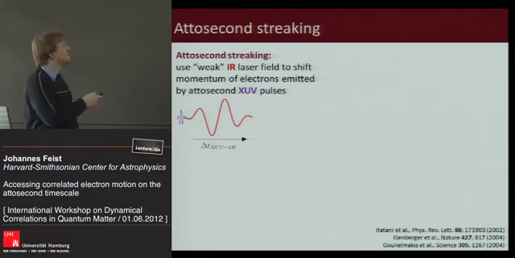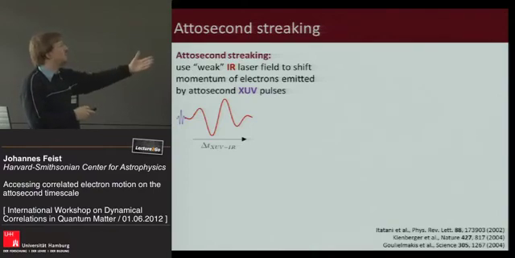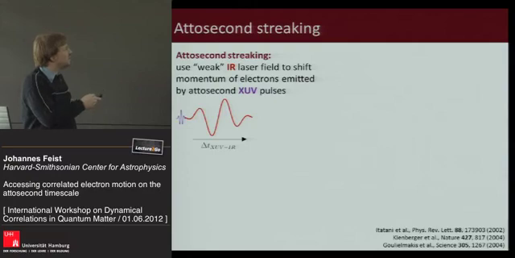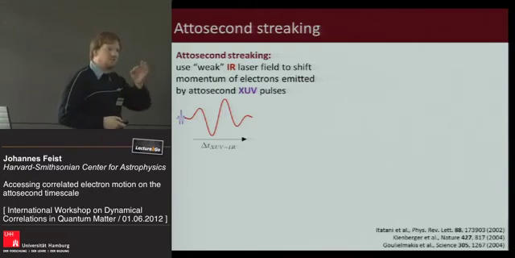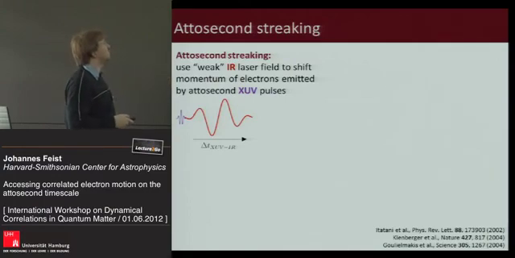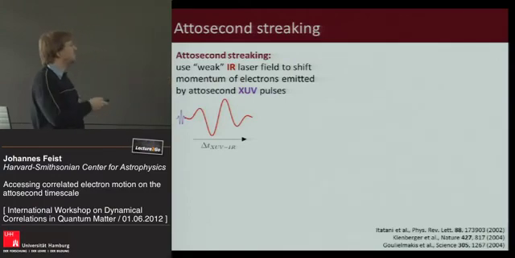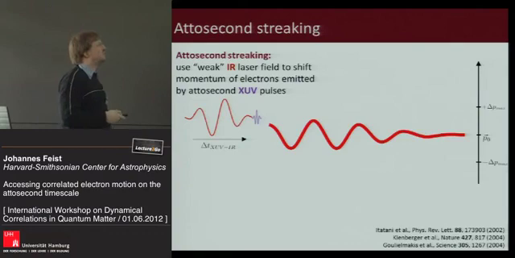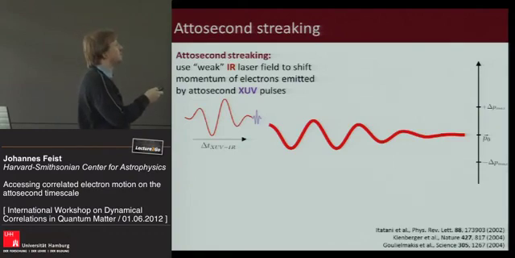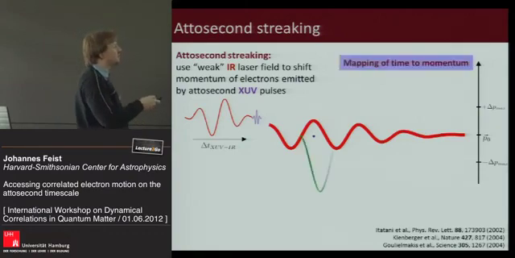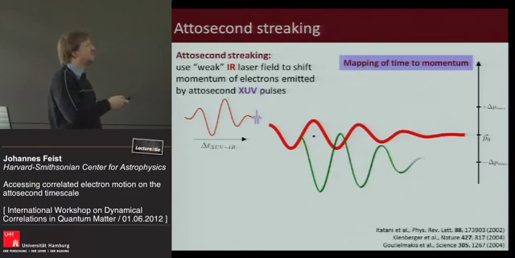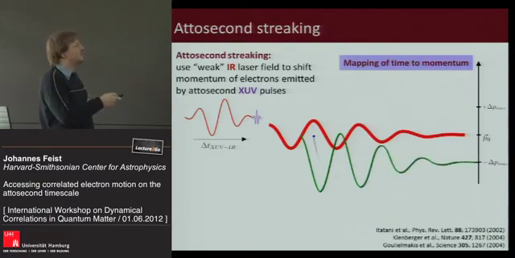And then we accelerate the electron now not by the classical electric field between these two plates, but by the electric field of the synchronized infrared pulse. There again, we need this perfect control over really the electric field of the infrared pulse. And when you now scan the delay between the attosecond pulse and the infrared field, what you get is that depending on when the electron is emitted from the atom, it gets accelerated or decelerated by the infrared field by different amounts.